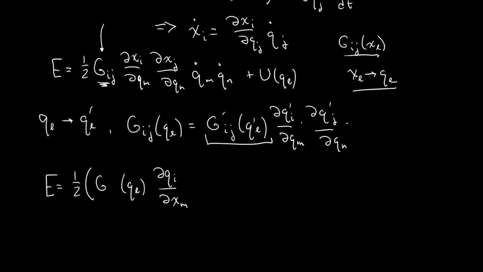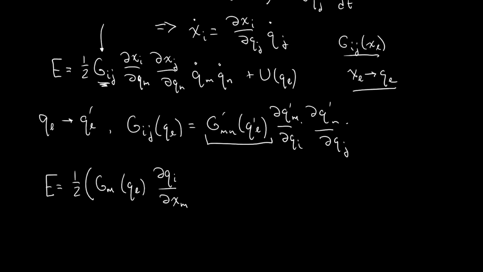Sorry, I messed up the indices here. My apologies. The indices here were messed up. Sorry about that. This should be I, J, mn. Like that.